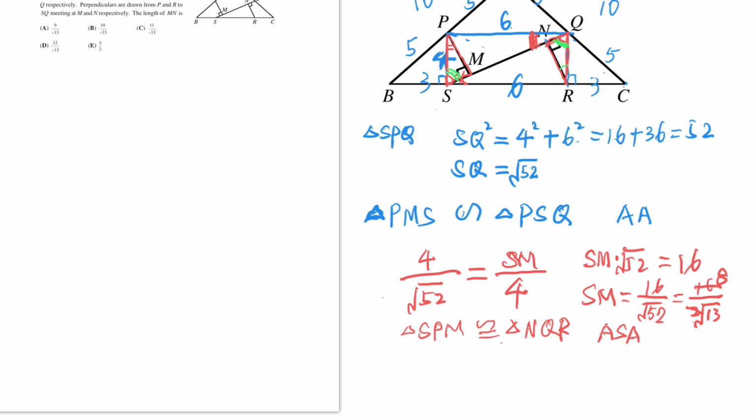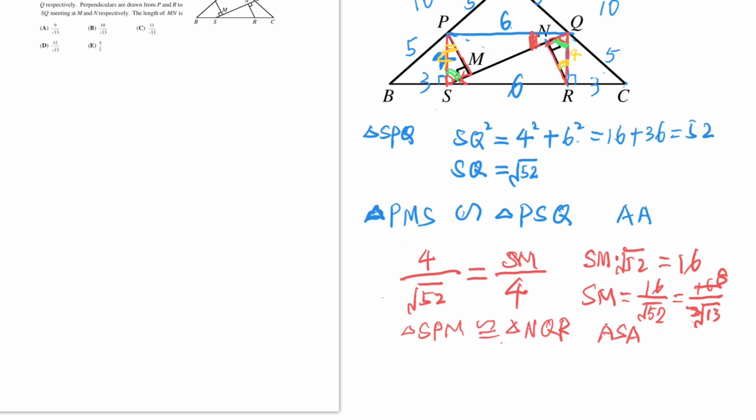Another angle, this one. The right angle is still equal, because the right angle plus the green angle equals 90. So the green angles are equal, and the yellow angles are also equal. And the side between the two angles is 4, and 4 equals 4.